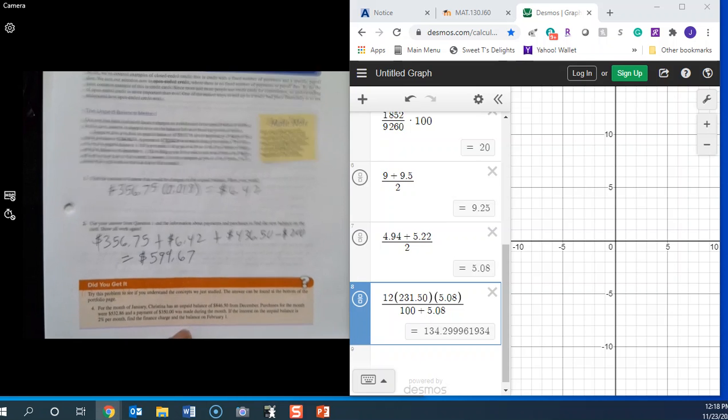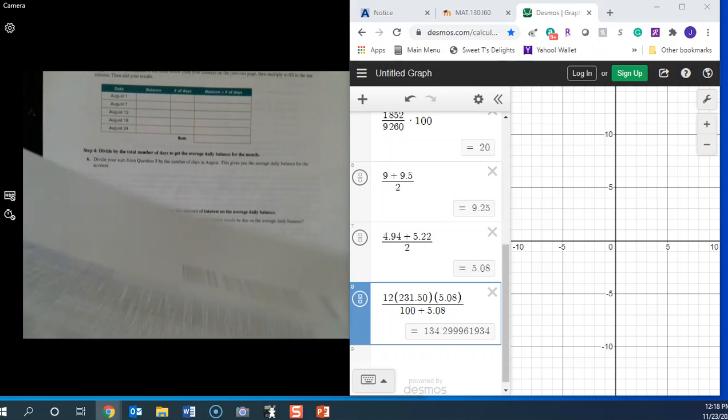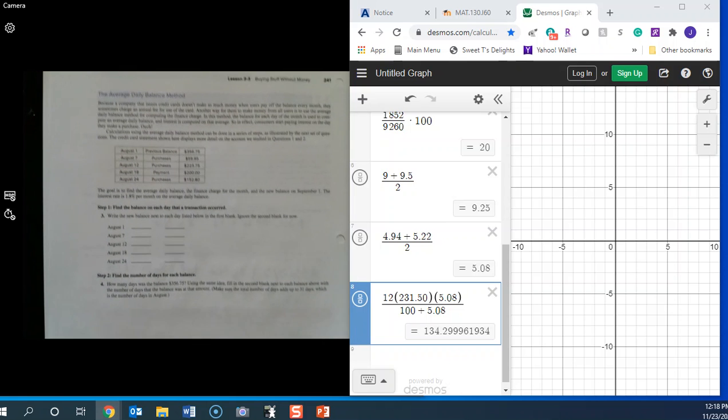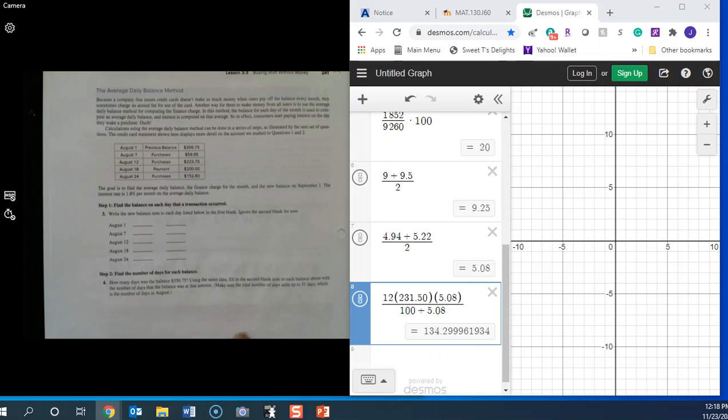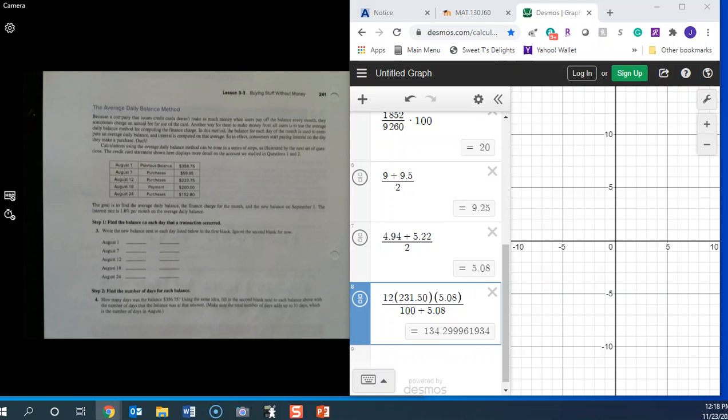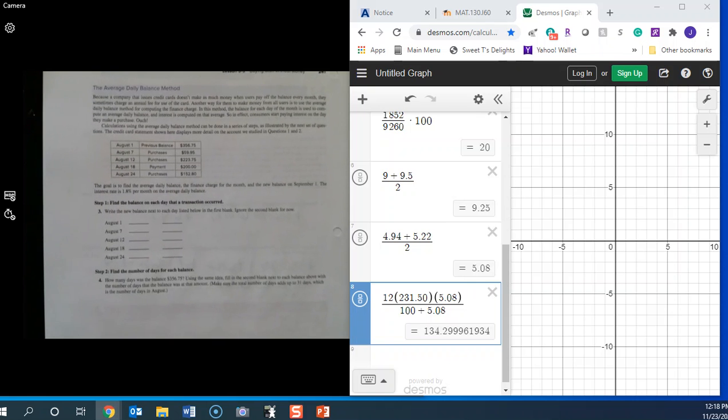Okay, now we go here to the back. It says the average daily balance method. Because a company that issues credit cards doesn't make as much money when users pay off the balance every month, they sometimes charge an annual fee for use of the card.